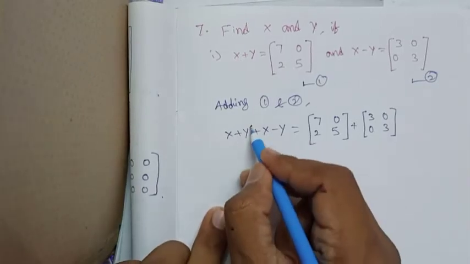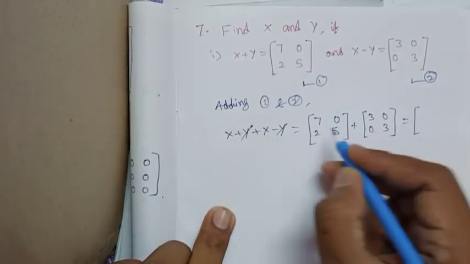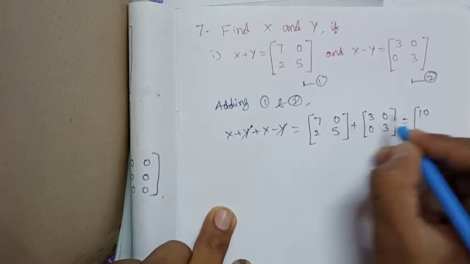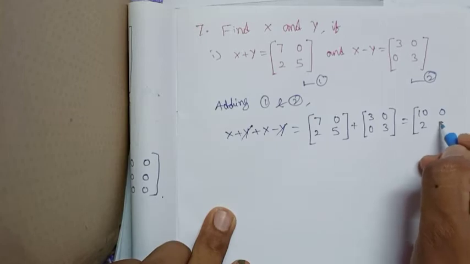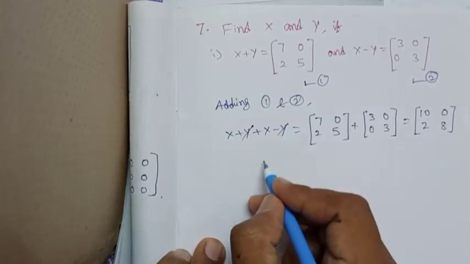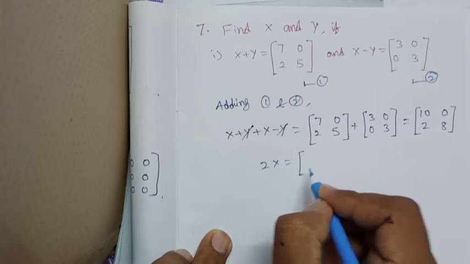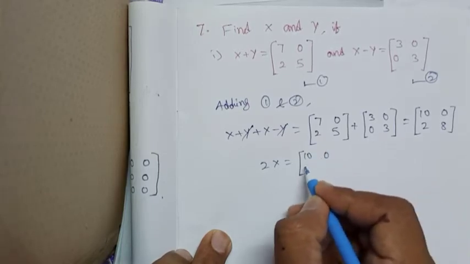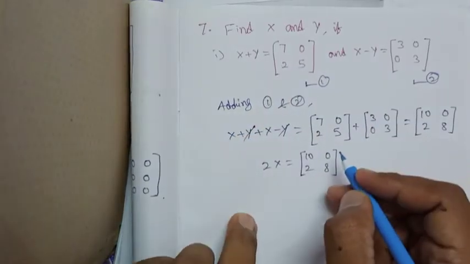We get the y cancelled, so here 7 plus 3 is 10, 0 plus 0 is 0, 2 plus 0 is 2, 5 plus 3 is 8. This is the value of 2x, which is equal to 10 0 2 8. We need the x matrix.